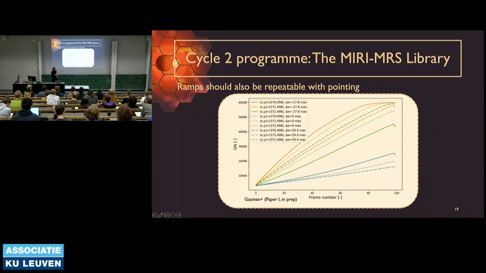And in that case, the BFE signature is also a bit smaller, because there's not as much contrast between the different pixels. However, because this should be repeatable, we can just get a correction per ramp, per pointing, and apply this to other sources that also land slightly offset. So we can fix this broadening of the PSF and get more accurate flux calibration if we know exactly what the ramp shapes are for specific pointings.